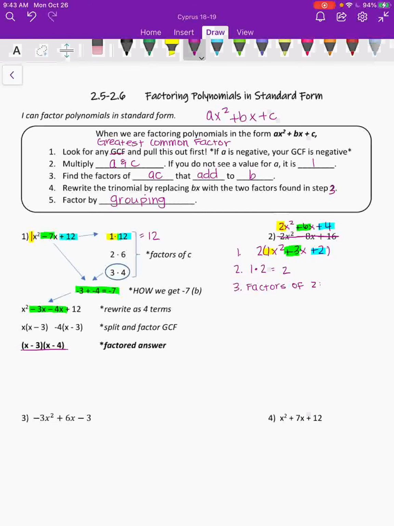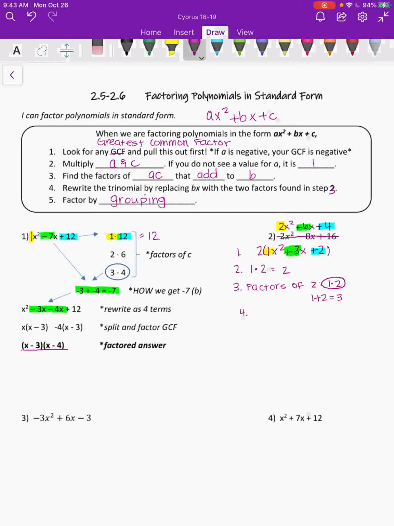Well, the only ones that I can think of that multiply to get 2 is 1 times 2. So we want to see, does 1 times 2 also add to 3? Well, 1 plus 2 is 3. So yes, that works. The numbers we're looking for here are 1 and 2. Okay.